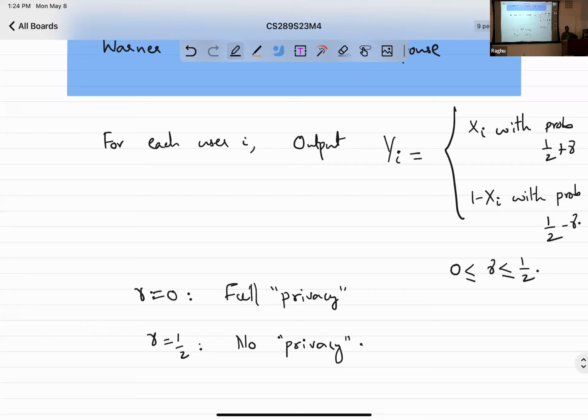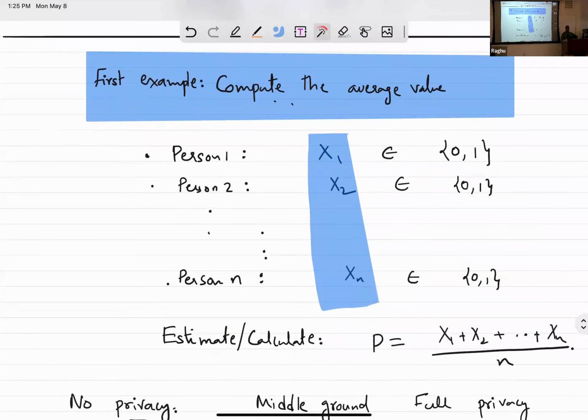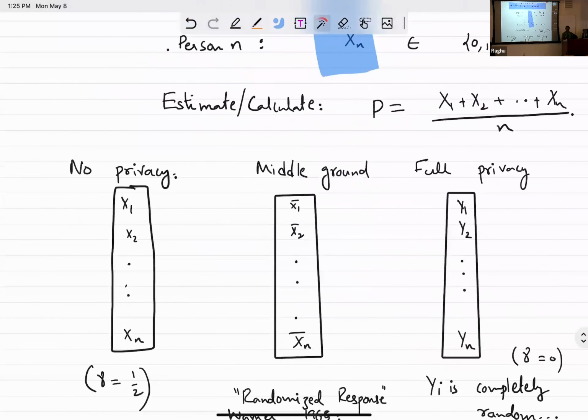So I should not be able to learn anything about the input. No, these are numbers, they are either 0 or 1. Oh, okay, I see what you mean. Yeah, we're looking at the easiest case. This is a survey question, yes or no answers. Good point.